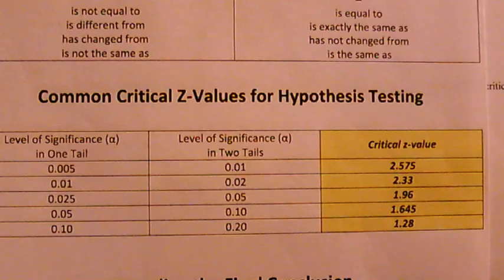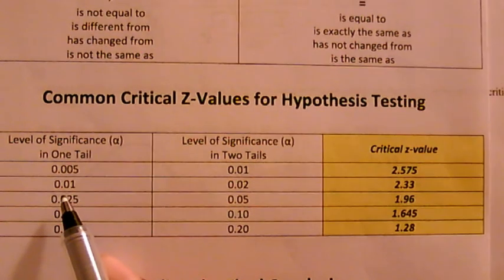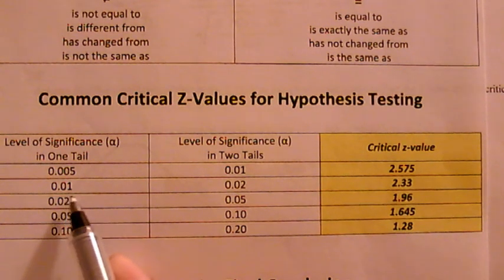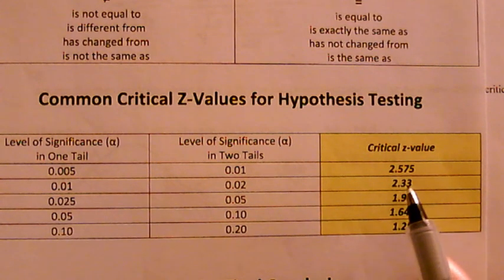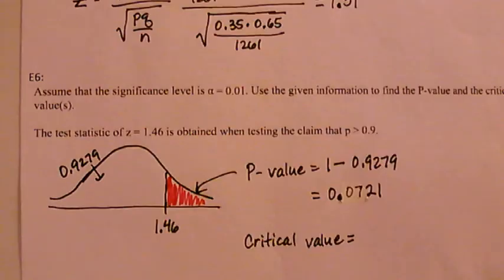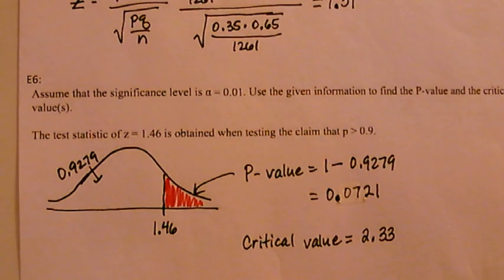And that significance level that was given to us is 0.01. If we read off to the right, this is your critical value right here, 2.33. And it's a positive 2.33 because it is a right tail test. So the critical value would be 2.33. Now, had it been a left tail test, then it would be negative 2.33.